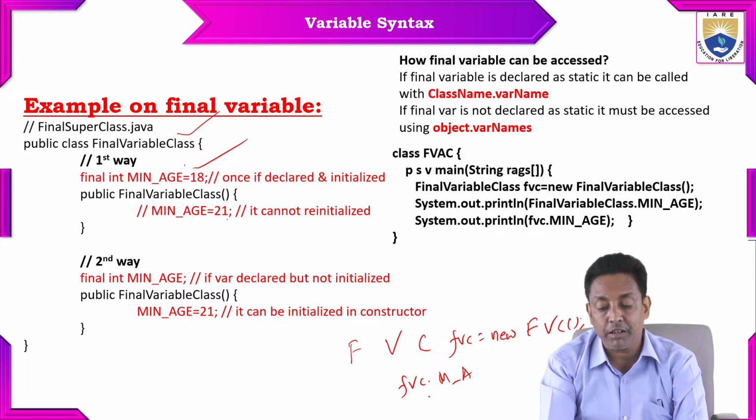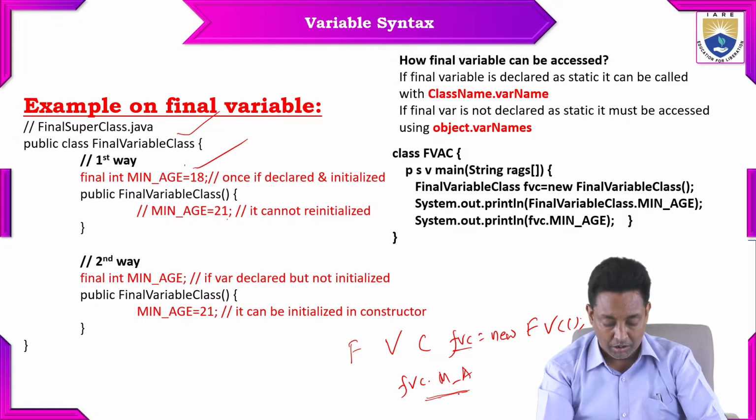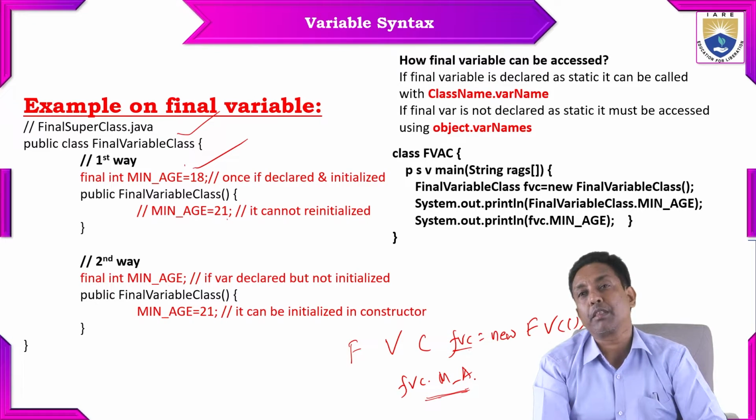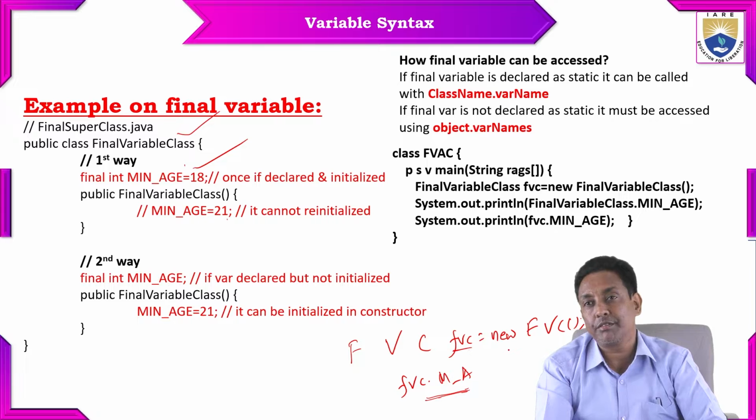To access a final variable also, we must first create an object of the class, and with the object dot, we must access the variable name.